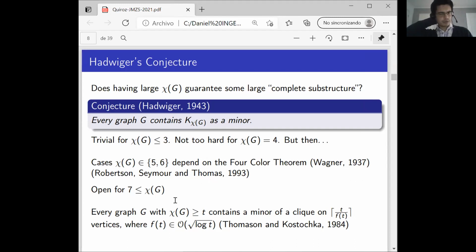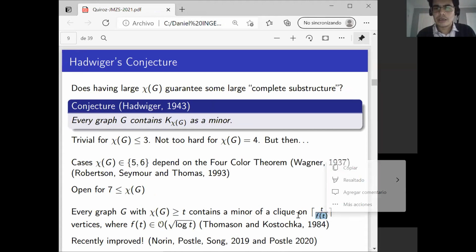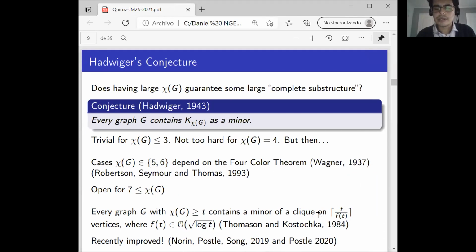That was proved by Thomas and Kostochka independently in '84, and this has been recently improved, a major breakthrough by Norin, Postle, and Song, and then again further by Postle last year. But despite these outstanding efforts, we cannot change this f(t) to a constant.